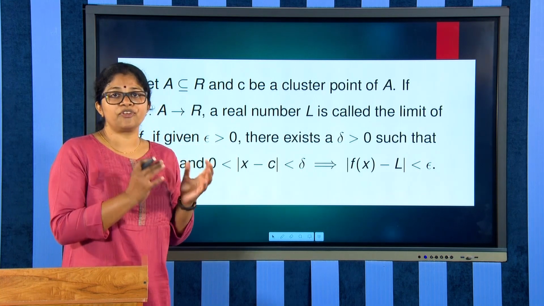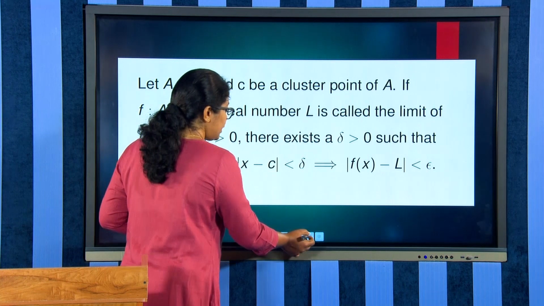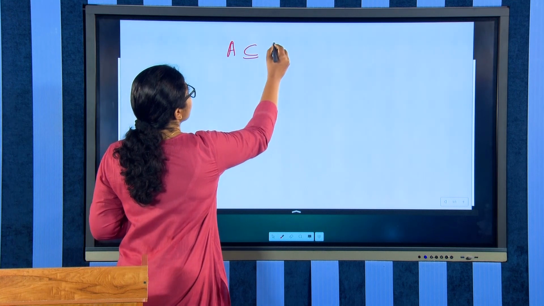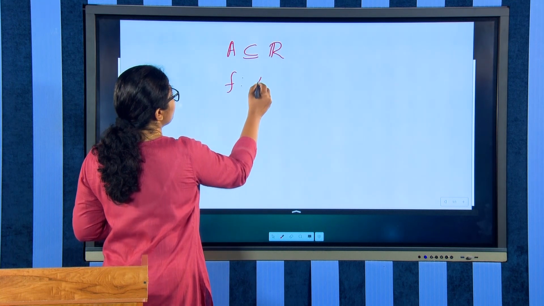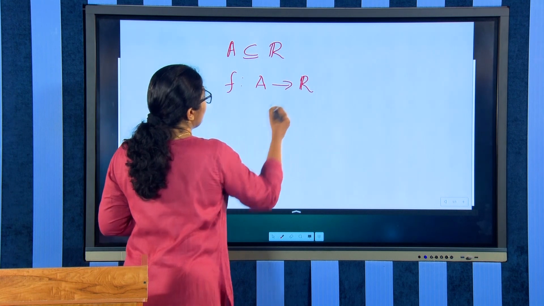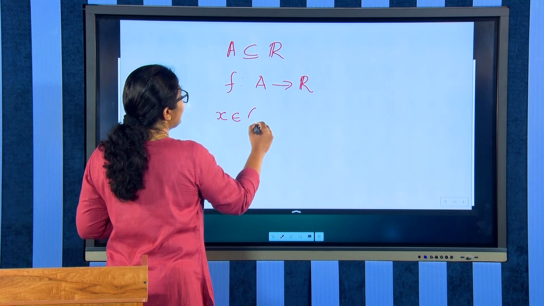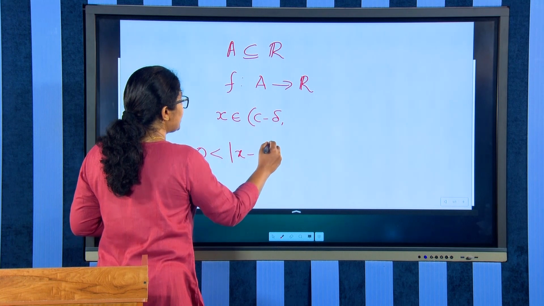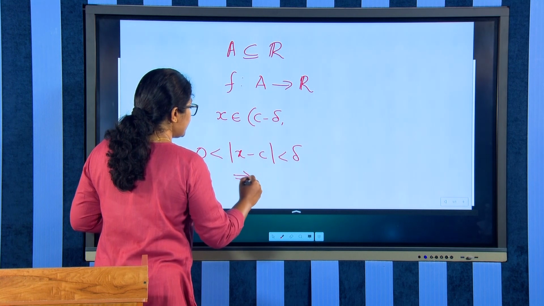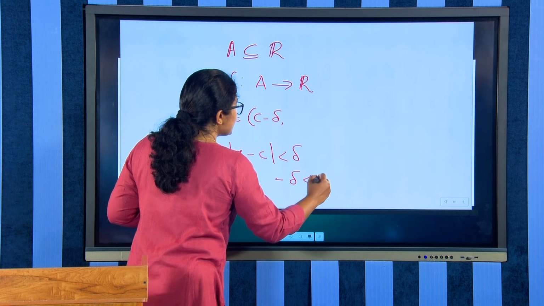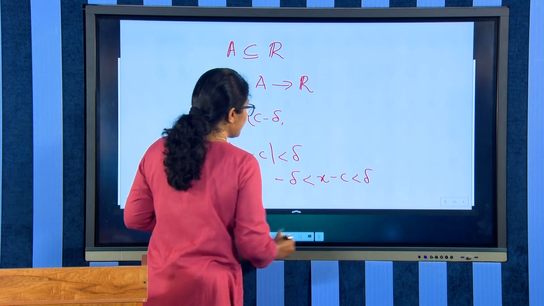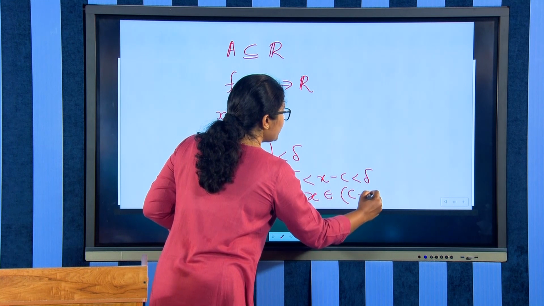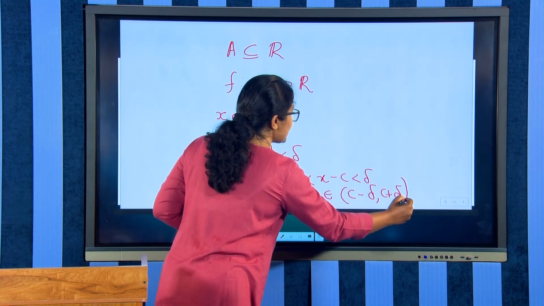Let us see a geometrical approach to this concept. We are given a subset A of R and f is a function from A to R, with x belonging to some delta neighborhood of c. So 0 less than modulus of x minus c less than delta implies minus delta is less than x minus c less than delta, or we have x belonging to the open interval (c minus delta, c plus delta).